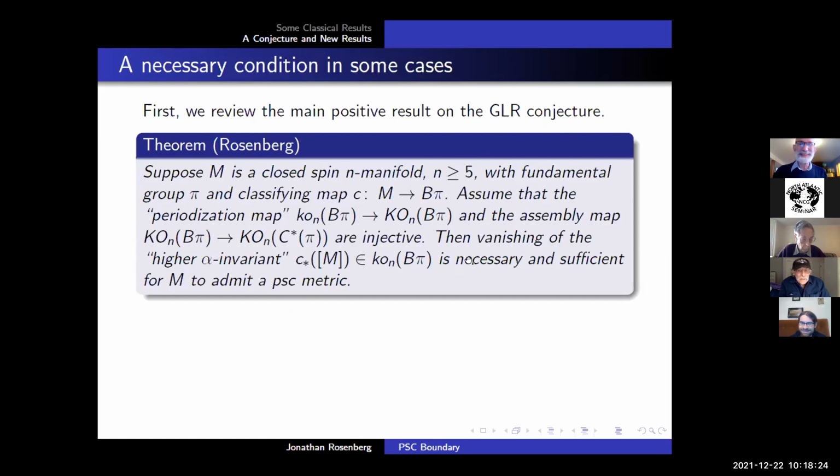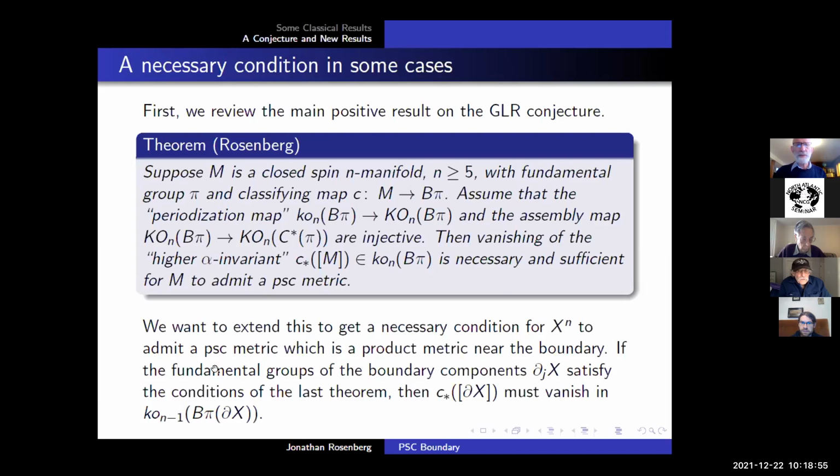No, but I think it's interesting. In your conditions here in the statement, there appears to be an interesting nuance in both of your conditions when there's torsion. Yeah, when there's torsion, these things are difficult to check. Yeah, and they're usually false, but there are occasionally cases where they're true. Sure, right. Good. Okay.